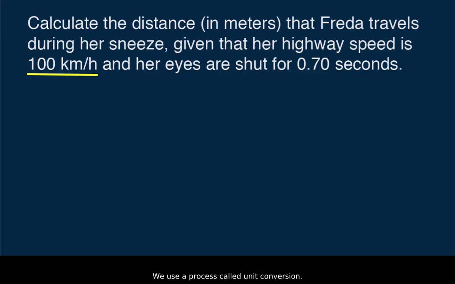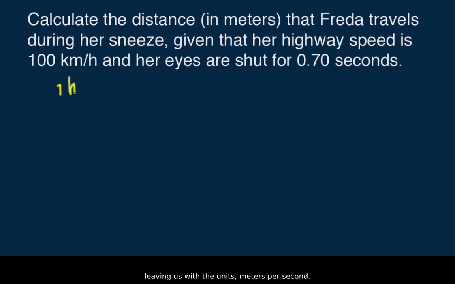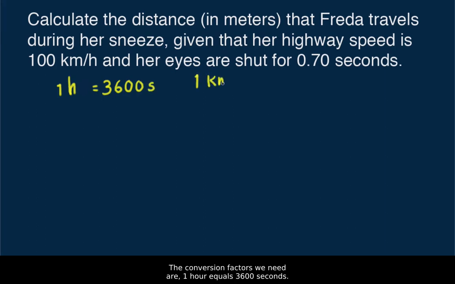We use a process called unit conversion. We set up conversion factors so that the kilometers and hours cancel, leaving us with the units meters per second. The conversion factors we need are 1 hour equals 3,600 seconds, and 1 kilometer equals 1,000 meters.